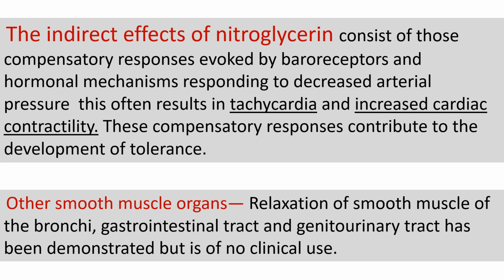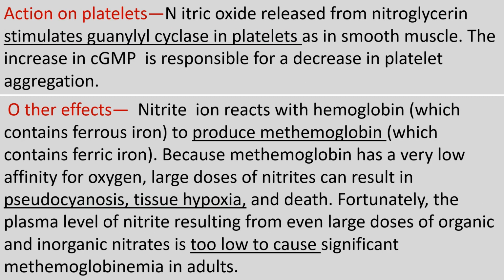These indirect effects and these reflex effects by baroreceptors also contribute to the development of tolerance. Now, the actions on the smooth muscle organs. What happens? Relaxation of the smooth muscles of the bronchi, GIT, and genitourinary tract has been demonstrated, but there is no clinical use related to the role of nitrates in smooth muscle organs.